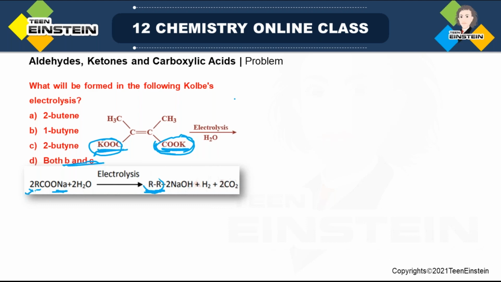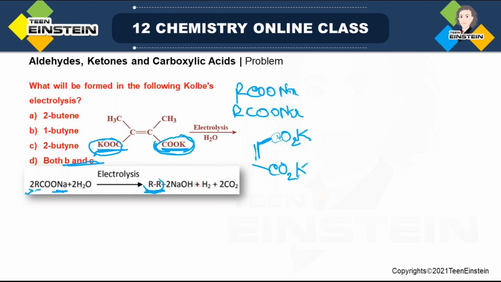Fine. So as if these 2 parts are removed and there will be a new bond formation. See, I am writing RCO2Na like this, and I am also writing the molecule that is given in the question. So it is CO2K, CO2K, and 2 methyl groups on both sides.